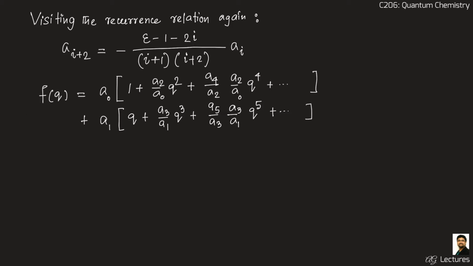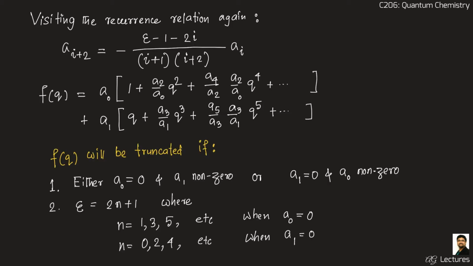Now the question is, this combination of two infinite series, this particular f(q), is going to be truncated after few terms only if the following conditions are applied. The first condition is that both a0 and a1 cannot be non-zero simultaneously. So either a0 is 0 when a1 is non-zero, or a1 is 0 when a0 is non-zero.